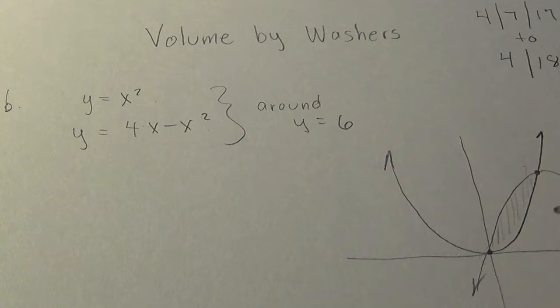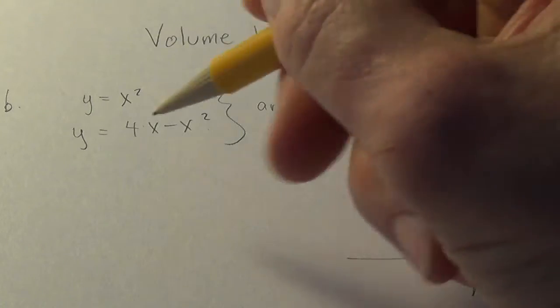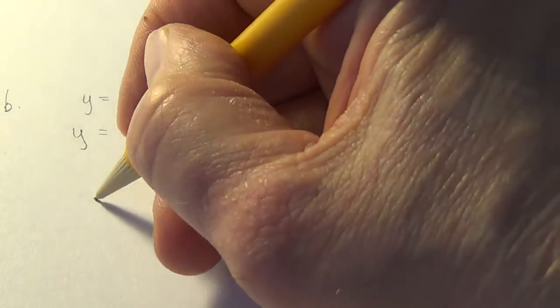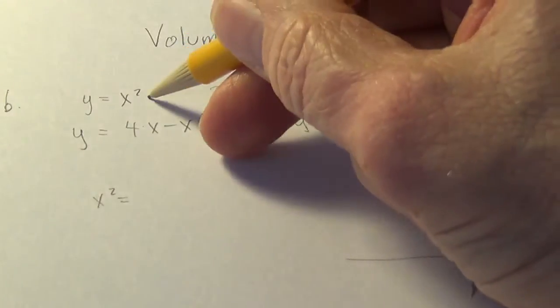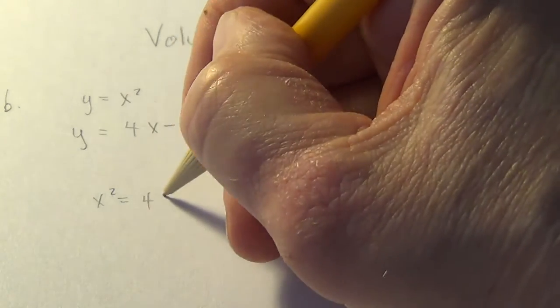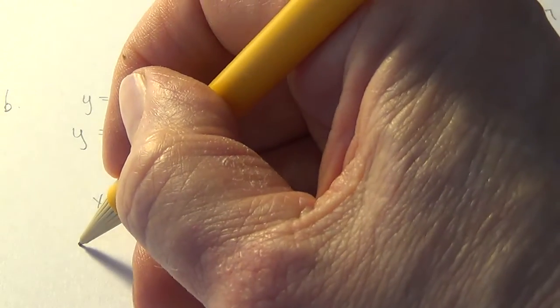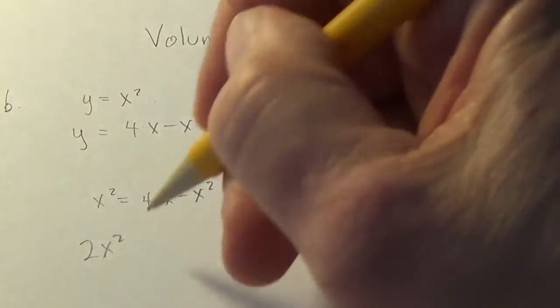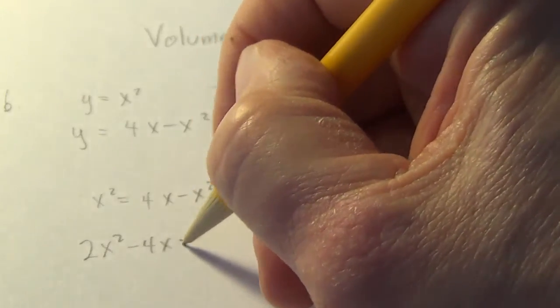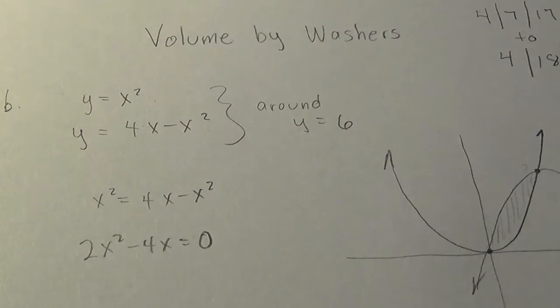So I'm going to set these two equations equal and see what shakes out. x squared is the one equation, 4x minus x squared is the other. Move the x squared over where it becomes 2x squared, and the 4x over, and set it equal to 0.